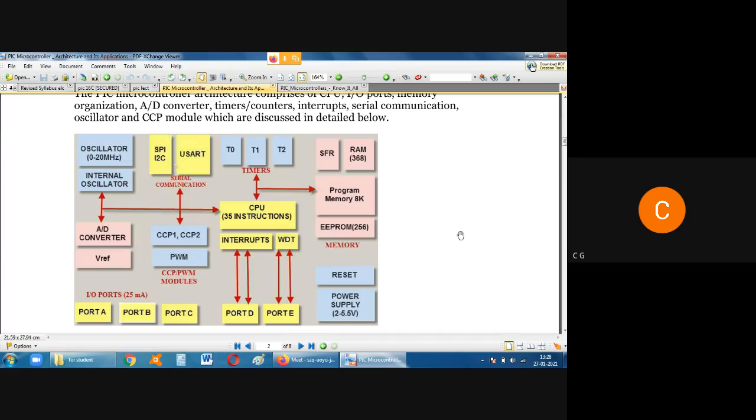In these properties we'll be having keywords: size of the memory, processor bit, data bit, instruction set bit, all these things. And if you tabulate this, what you will have to do in the exam is remember that table only.